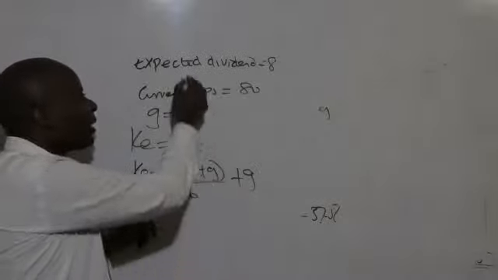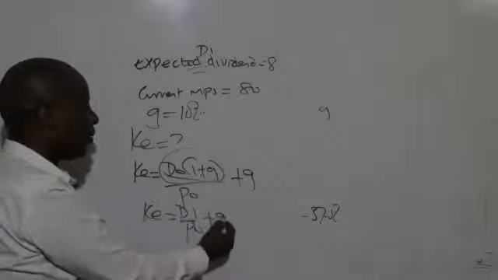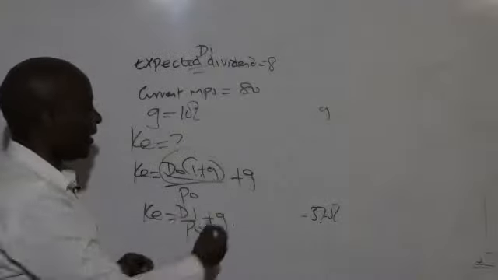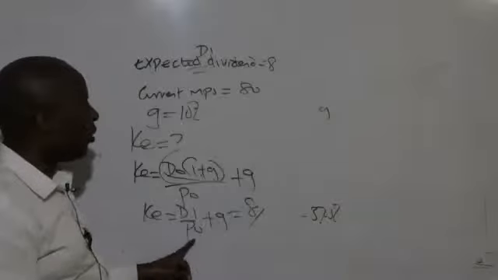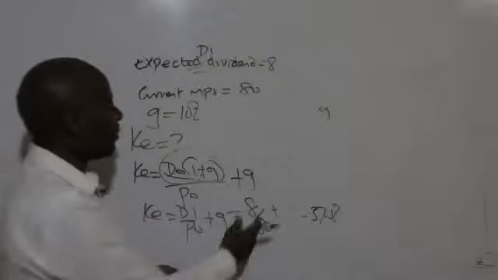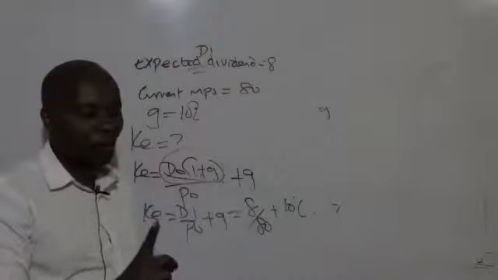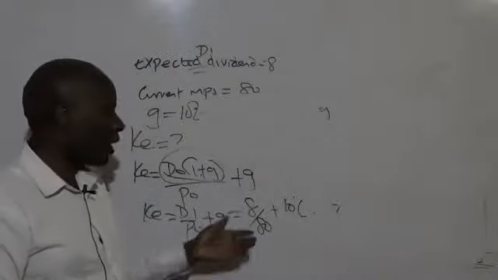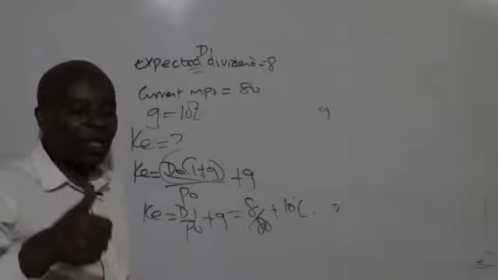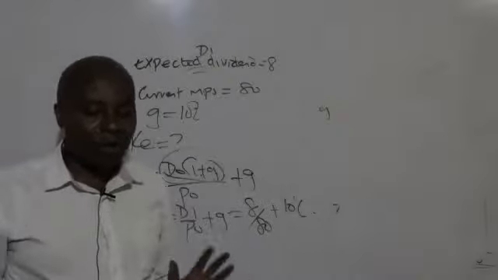So this is supposed to be D1, meaning that my Ke is supposed to be D1 over P0 plus G. So the D1 is 8, P0 happens to be 80, plus the growth rate of 10%, which is the same as 0.1. The final answer will be 8 over 80, that's 10%, plus 10%. That gives us 20%.